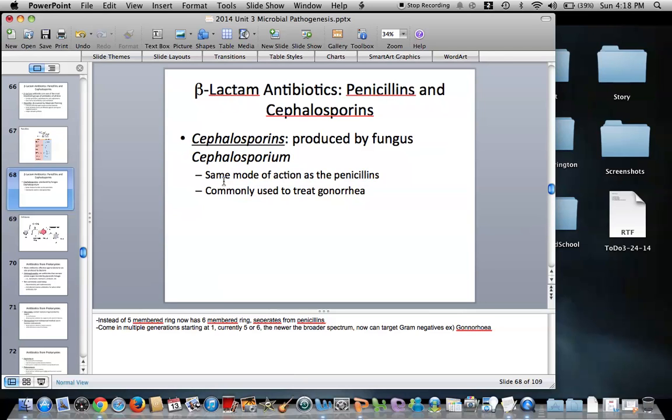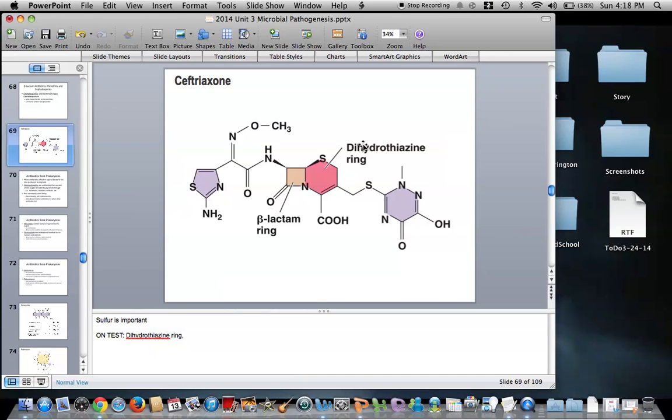Cephalosporins produced by the fungus Cephalosporium. Same mode of action as the penicillins, and they're commonly used to treat gonorrhea. So it's still affecting cell wall synthesis with the beta-lactam ring. It's got 6-member. It's got this dihydrothiazine ring.